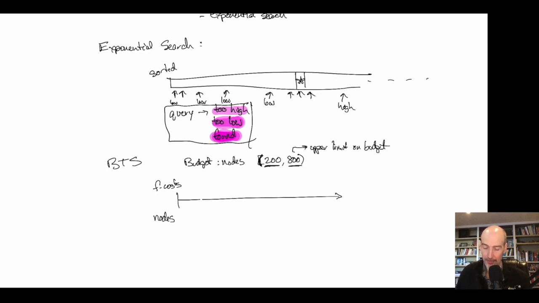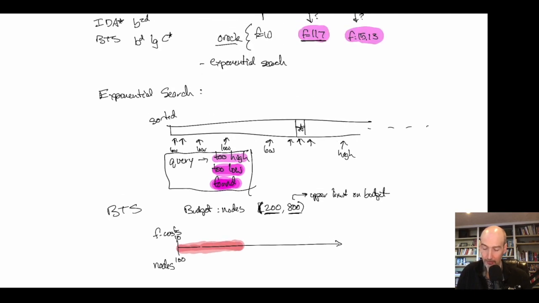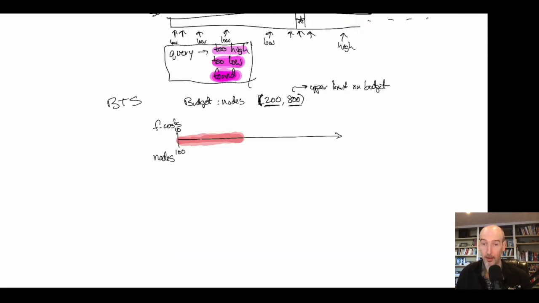The idea here is, let's say I've done some F cost of 10 here. And the idea here is I did 100 node expansions. And so what we're going to have as a picture here is that there is going to be some range of node expansions here where the number of nodes that are done are going to be too few. We're going to have some range of F costs up here where the number of node expansions is going to be too high.